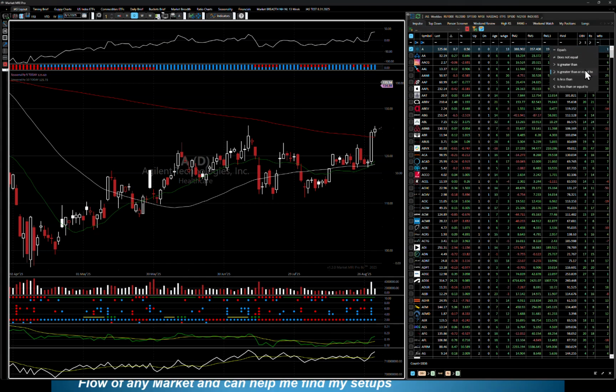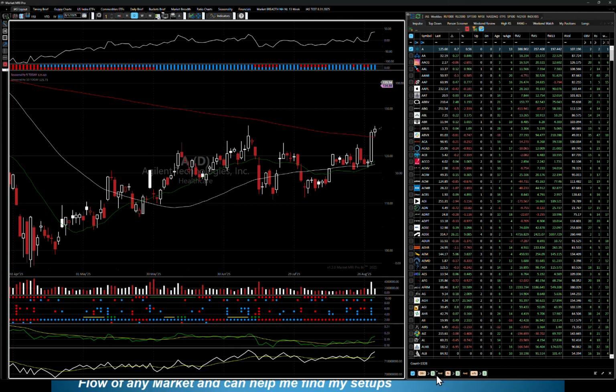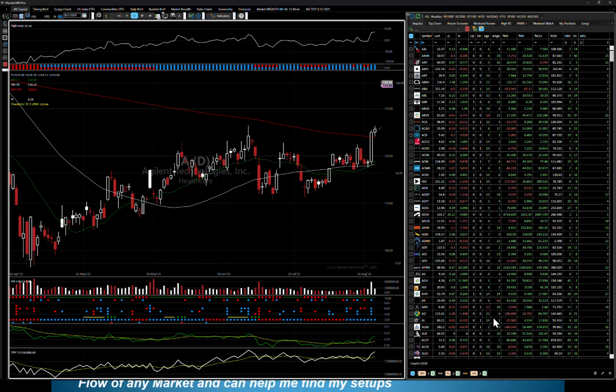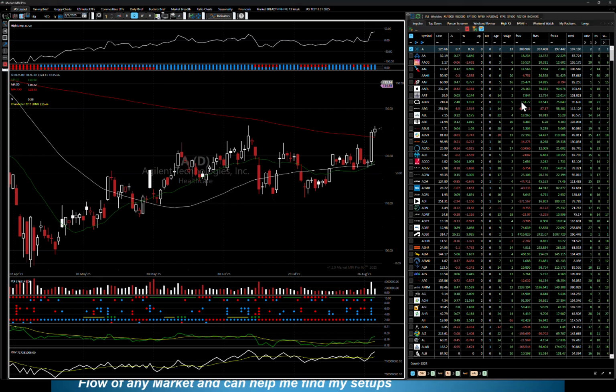Make that one greater than or equal to 1 day. And you can see right here, OBV is greater than 1, relative strength greater than 1, meaning the days cross, and weekly. And now I will only find stocks that are positive. I think we did it so we could, yeah, somehow you can limit how high it gets as well.